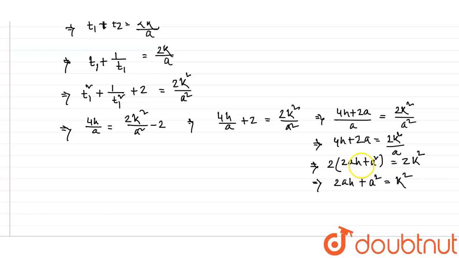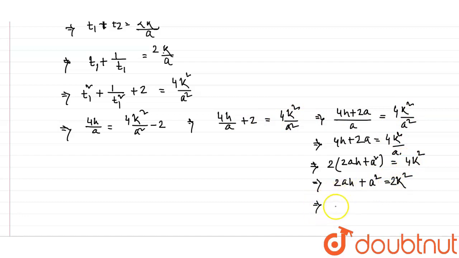Okay students, one thing I did wrong here: this is not 2k. Let me rectify this. When we square 2k, it is 4k square, so 2k square is left.